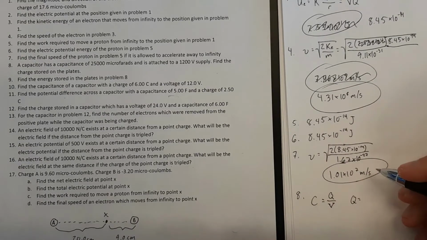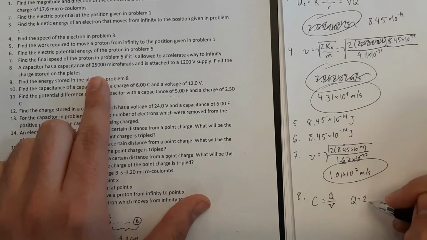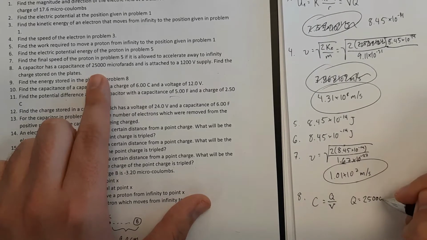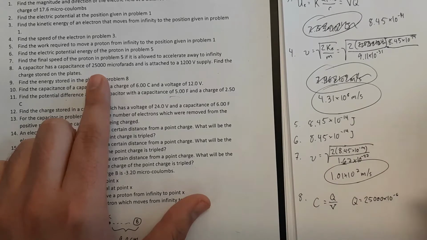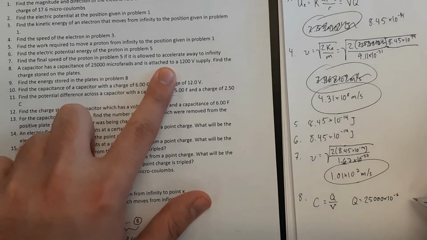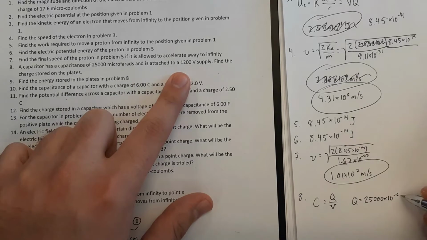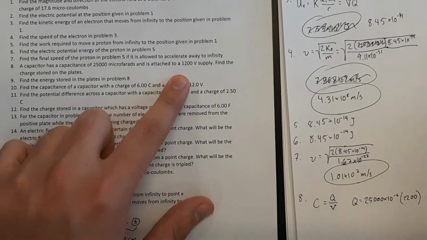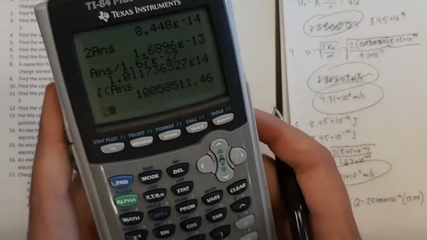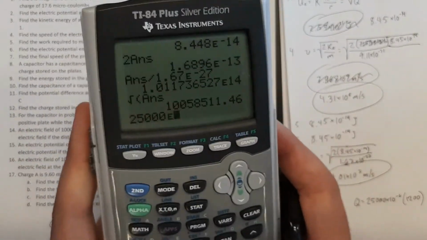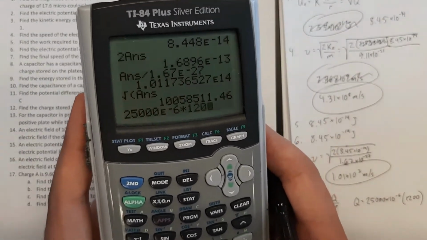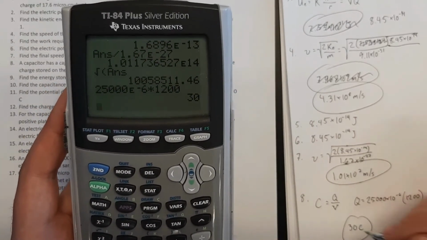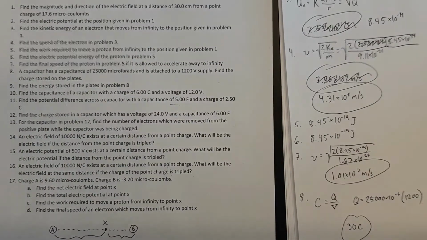So Q is going to be equal to our capacitance, which is 25,000 microfarads, so 25,000 times 10 to the negative 6th, and times our voltage of 1,200. There we go. And that's just going to be 30 coulombs. Yeah, just 30 coulombs. That's a huge amount of charge.